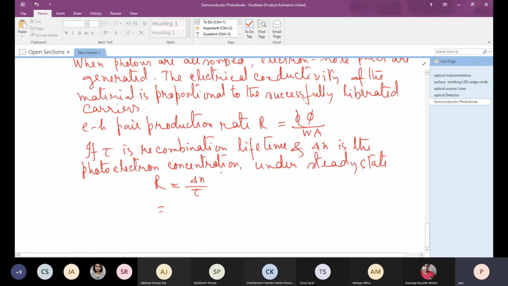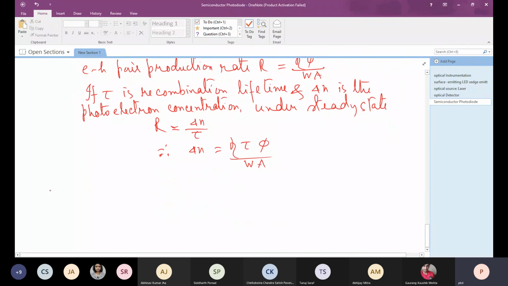If we equate these two R, therefore delta n is eta tau phi divided by WA.